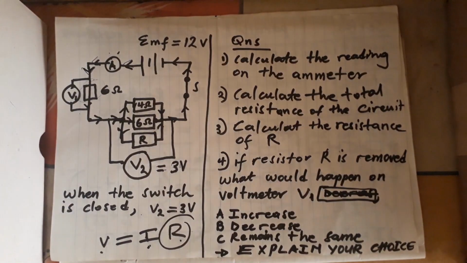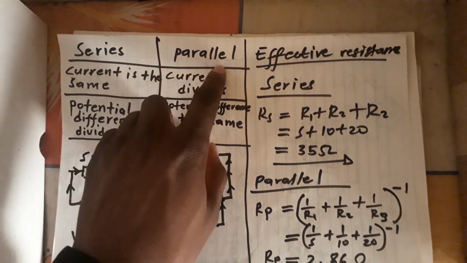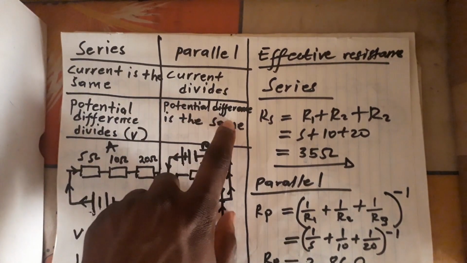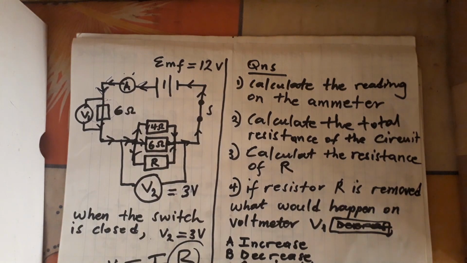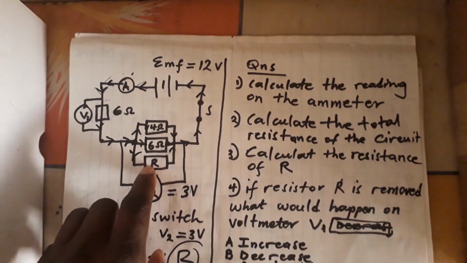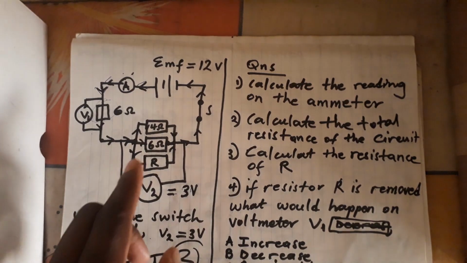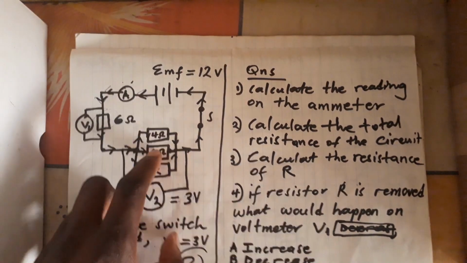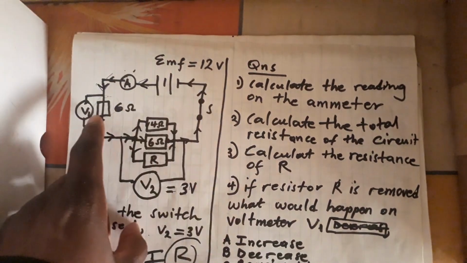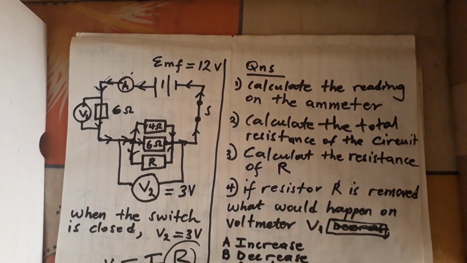Why am I saying that? Because we said in parallel connection, the potential difference is the same. So it means that the reading on all these 3 resistors is going to be 3 volts. So from 12 volts, where we already have 3 volts here, it means that the remaining potential difference is for the resistor connected in series.